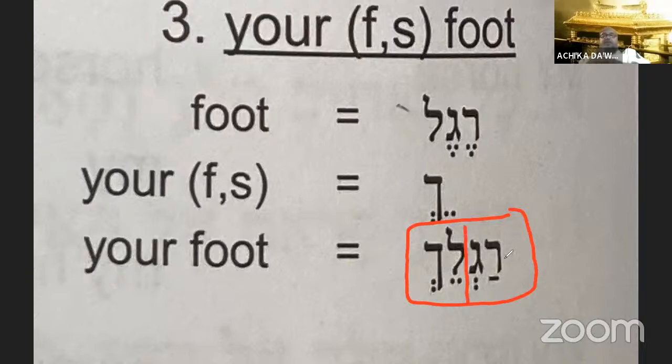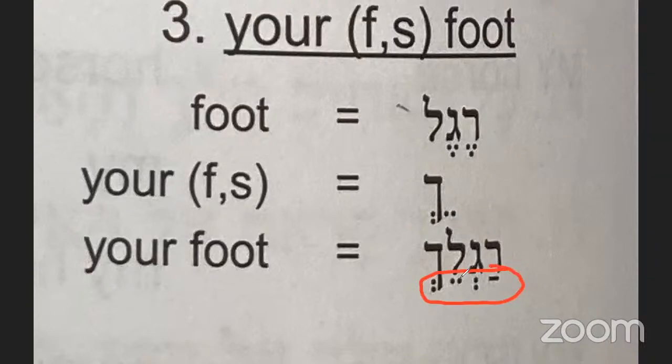This is a short vowel, so it's rog, and then lake. That's it. Roglake. That's how you say that. Roglake. Okay. Don't worry about what you don't know about this stuff and why they change it and all that kind of thing. If you notice, that's where everything is getting confusing.